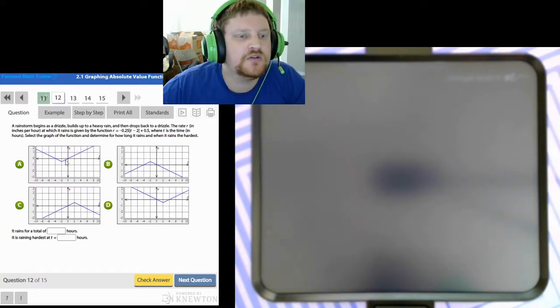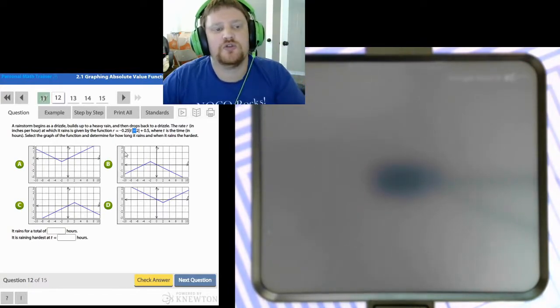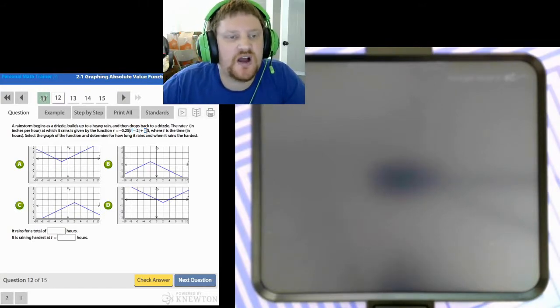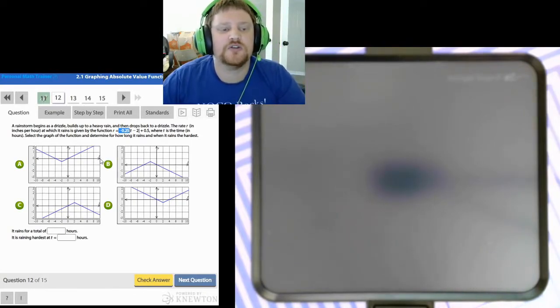Okay. So we know that if we've got minus 2 as the horizontal, then we're going to be going 2 to the right. And if we have plus 5 as our vertical shift, we're going to be going up 0.5. This negative 0.25 out front tells us we're opening down, and it's a vertical compression.